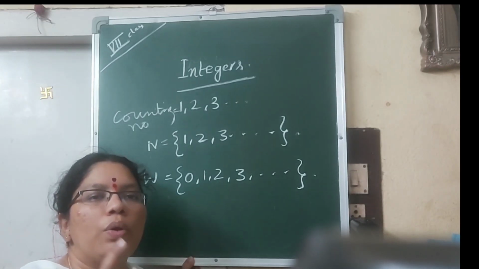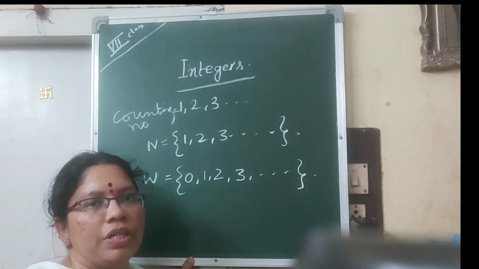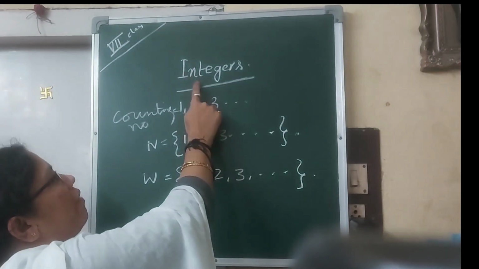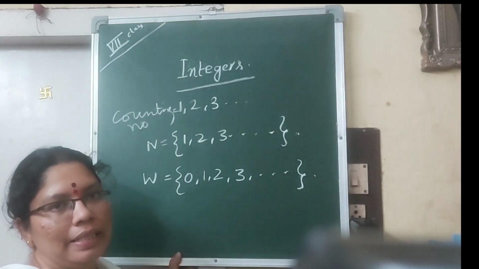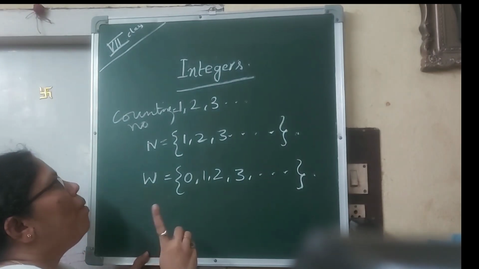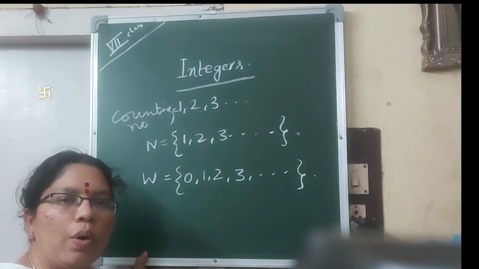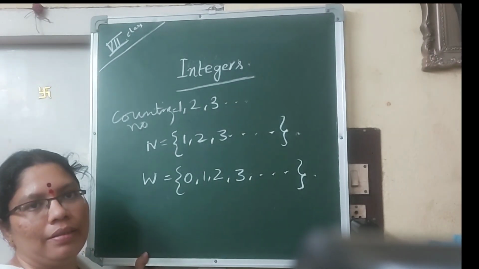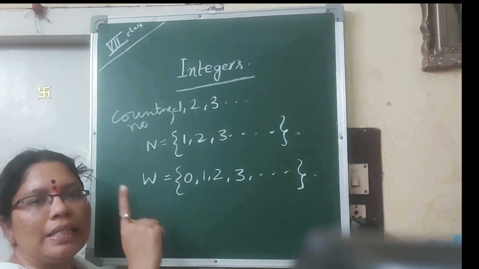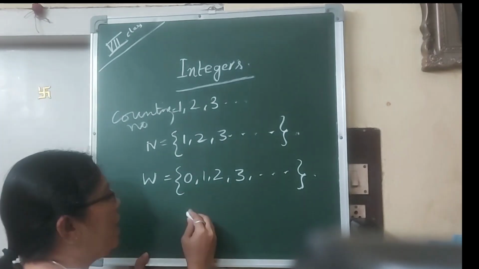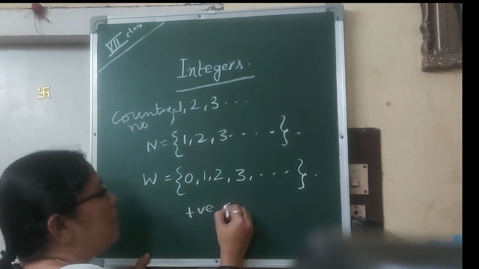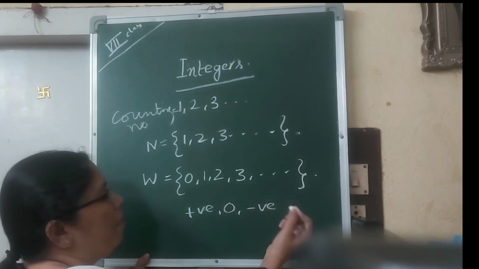So, to represent those real-life situations, we need another set of numbers called integers, which consist of positive numbers, 0 and negative numbers.